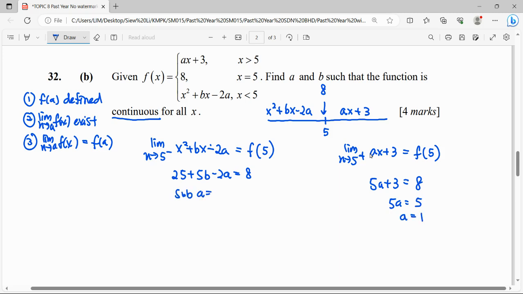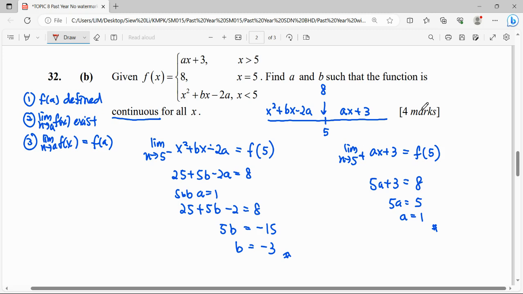Then we substitute a equals 1 in order to find b. So this is how we find the values of a and b by using the continuity concept.